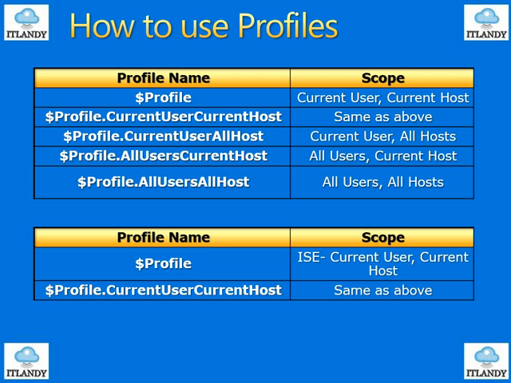This applies to all users every time PowerShell runs. Number 4, all users, all hosts. This profile applies to all users and PowerShell instances, regardless of executable host. And the last is ISE, current user, current host. This is similar to the current user, current host profile. It is run instead of the normal $profile file.